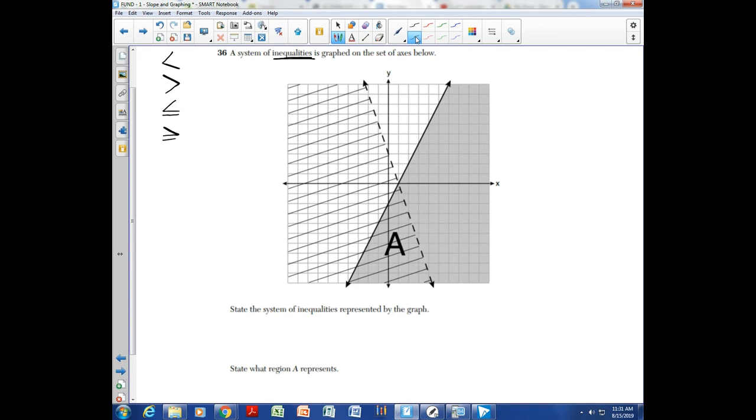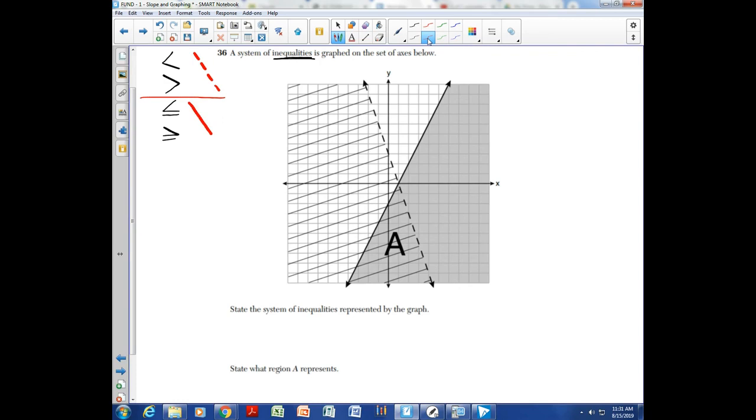And another thing we should remember is that when we're graphing, for either of the top 2, where it's just less than or greater than, with no equal to sign, this usually turns into a broken line because the line itself is not included. And then we have the equal to as well. Those are going to be solid lines, right?